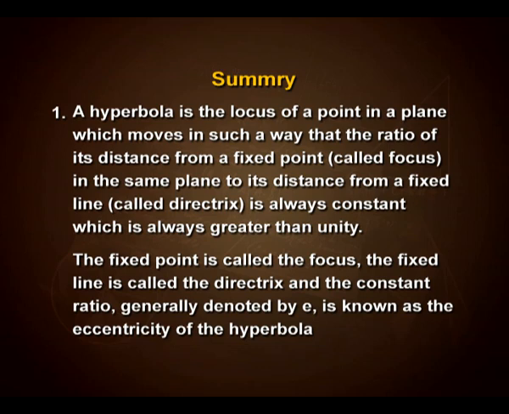The fixed point is called the focus, the fixed line is called the directrix, and the constant ratio generally denoted by E is known as the eccentricity of the hyperbola.